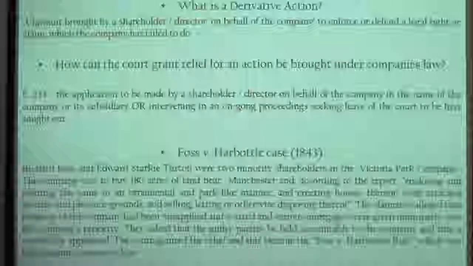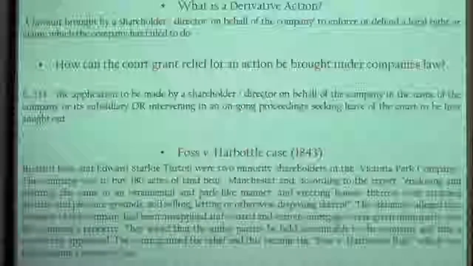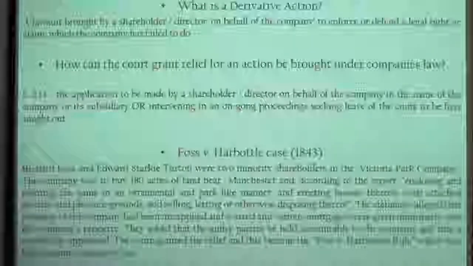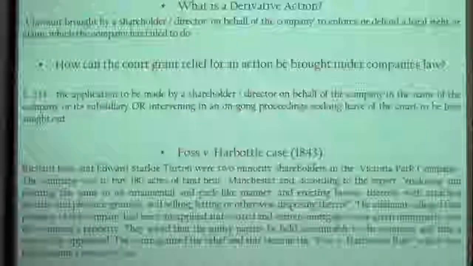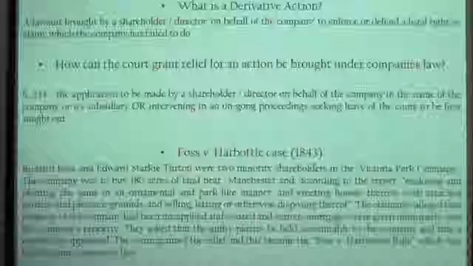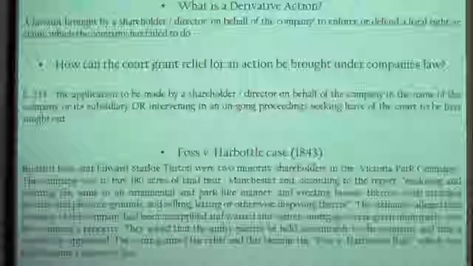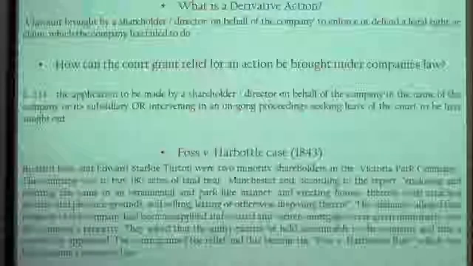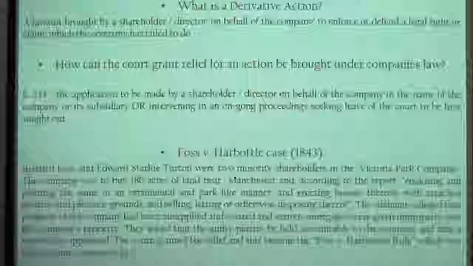In that case the court would analyze the situation that takes place in this company, and having analyzed, if the court is convinced that such misconduct is occurring in the company, it would give the leave or the consent to proceed with the action.